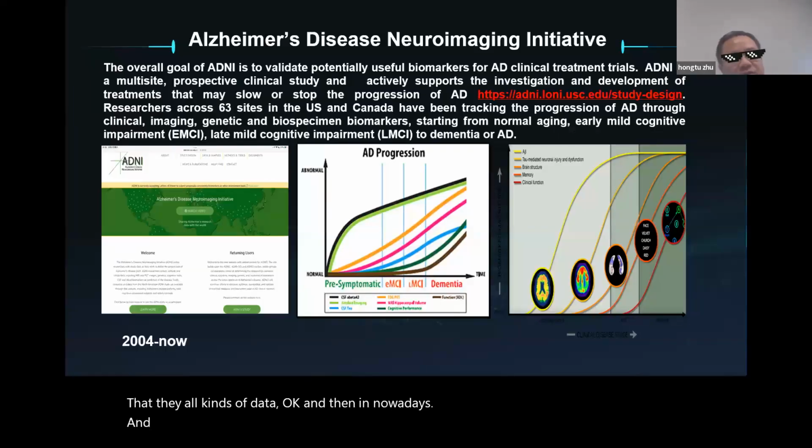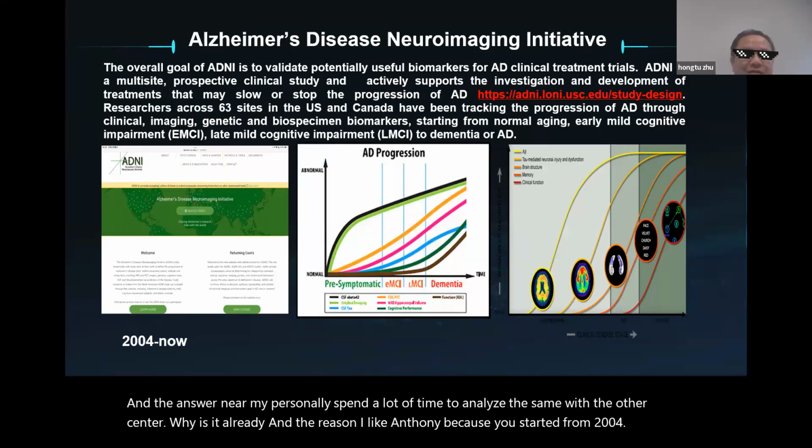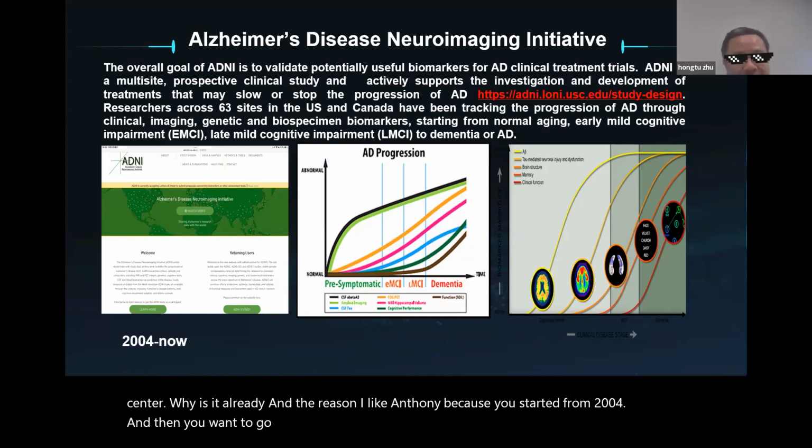There are all kinds of data nowadays. And personally, I spent a lot of time analyzing several data sets. One is ADNI, and the reason I like ADNI is that it started from 2004. You have ADNI 1 to 3, and it's very long. It's longitudinal data.